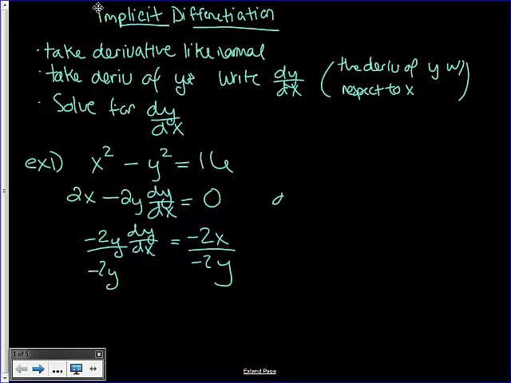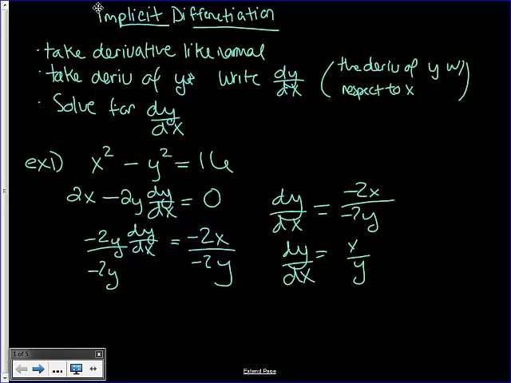Okay, so dy/dx equals negative 2x over negative 2y. Well, what cancels? My negatives and my 2's. And so I'm left with x divided by y. That is dy/dx, or another way to write your derivative of y. And just a reminder that that means the derivative of y with respect to x.